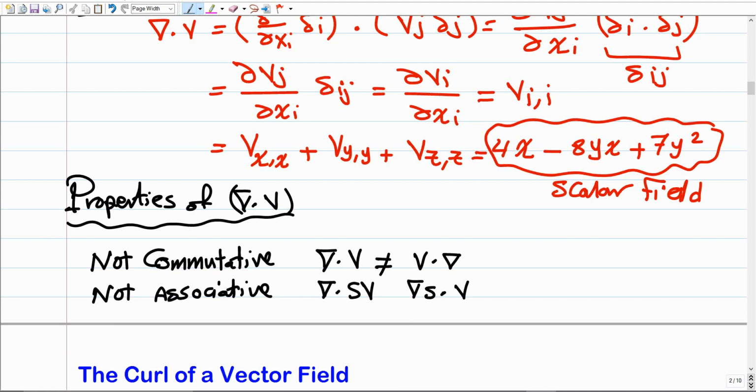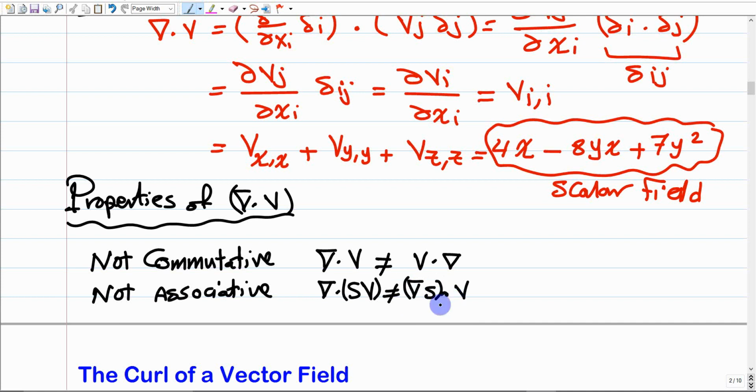How about if I decided to have the gradient of the scalar field dot product with the vector field? This is not equivalent. If we move the operation here, you're going to do this calculation first, then this calculation. This is not equivalent to this one.